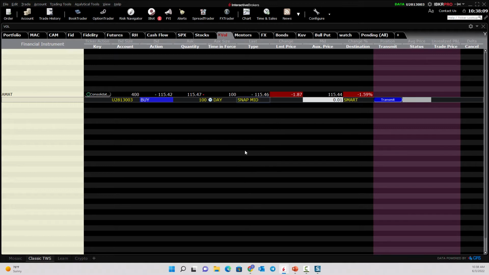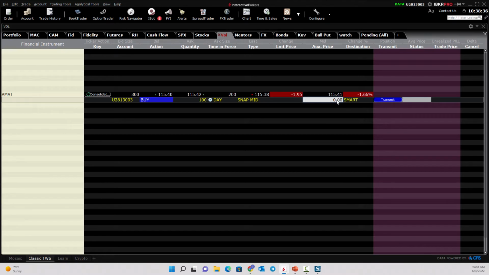If I choose snap to mid, again, I could put in offsets. I could say, well, I don't want any offset whatsoever. I just want it to snap to the middle of this and then stay right there. If you put in an offset, when you're buying, it's midpoint minus your offset, and when you're selling, it's midpoint plus your offset, because you want to buy low and sell high.